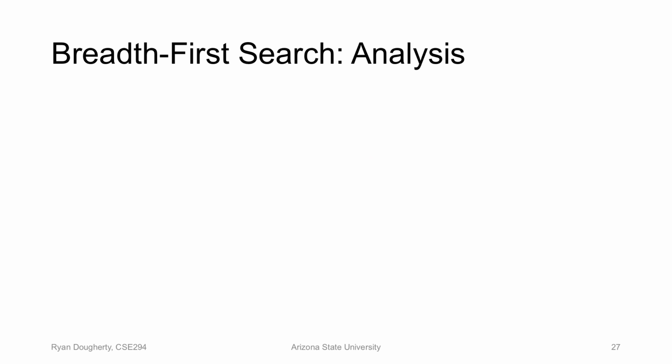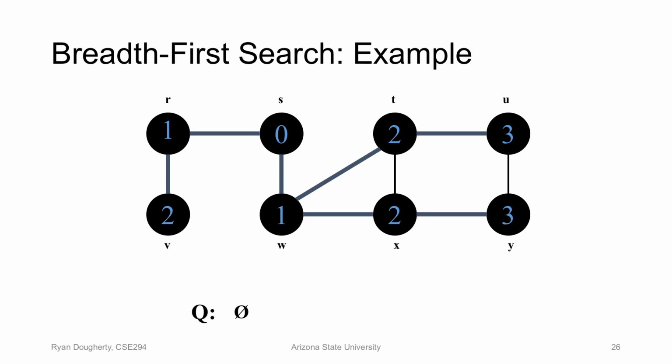All right, cool. So any questions about that? I'm a little confused by the distance. Yeah, so I don't have anything on the edges, so what distance means is I chose that vertex S to start with, right? So distance means the number of edges traversed to get to that vertex.